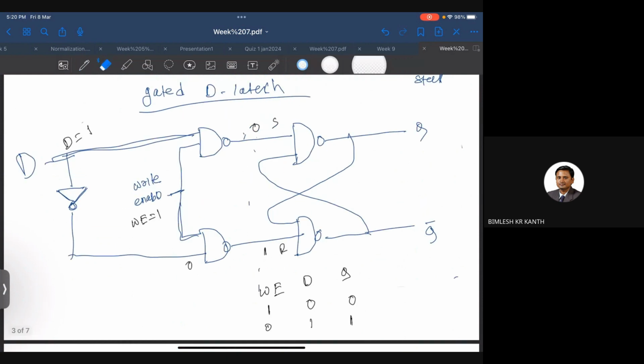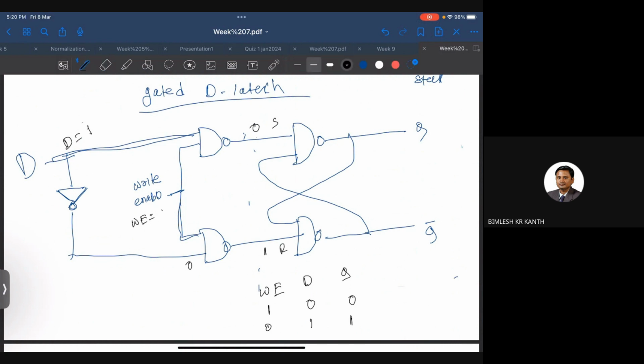When WE equal to, let's set 0 now. Why are we writing write enable equal to 1 or 0? This is like a fixed input, write enable either 0 or 1. Now write enable, let's put 0.